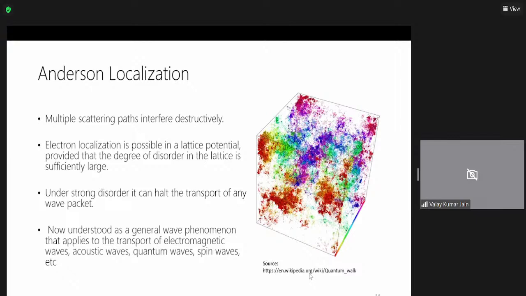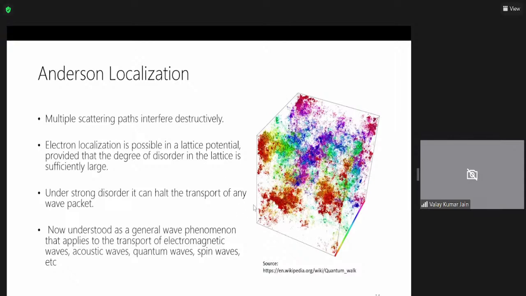Because of this scattering, there are different waves, and there is so much interference that almost all the different waves interfere destructively except for a few. And therefore, it is possible to localize wave packets in certain spatial locations or certain regions in time, for our instance. And this is a general wave phenomenon.